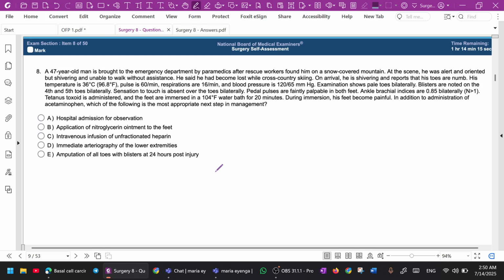Tetanus toxoid is administered. The feet are immersed in a 100.4 degree Fahrenheit water bath for 20 minutes. During immersion, his feet become painful. In addition to administration of acetaminophen, which of the following is the most appropriate next step?